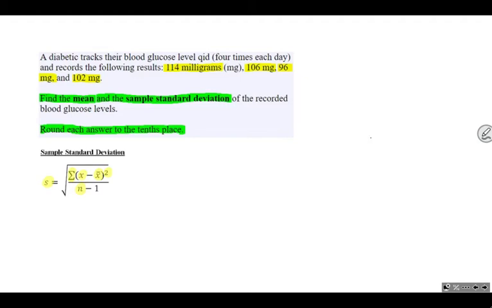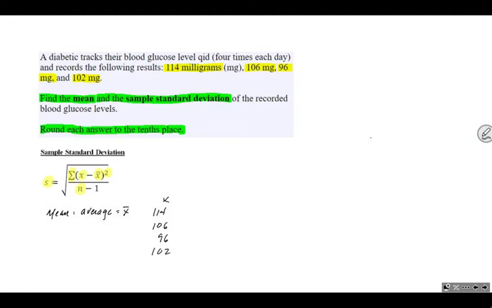Let's start by calculating our mean or our average. Mean is going to equal average, and it's going to be represented by the symbol x bar. And in order to do that, let's go ahead and list our x values here. We're going to have a value of 114 and another value of 106, a third value of 96, and then a 102.